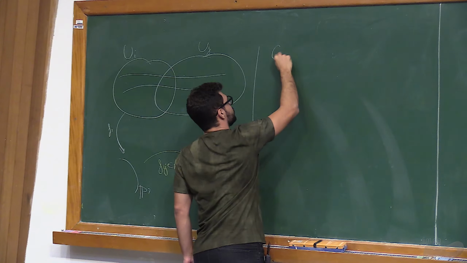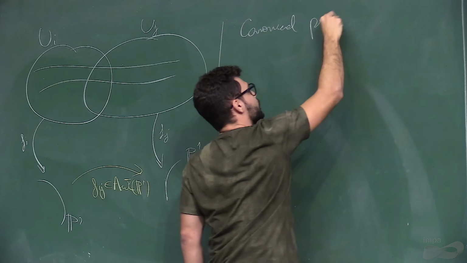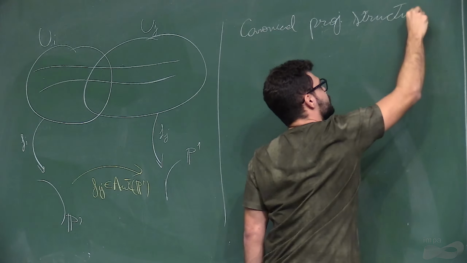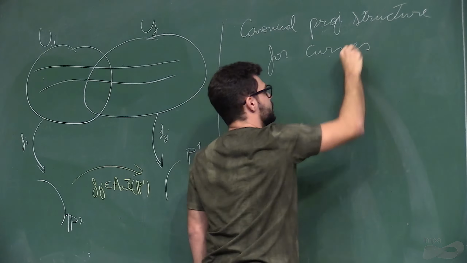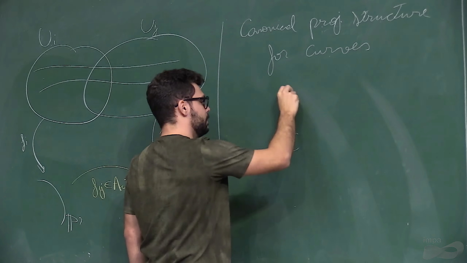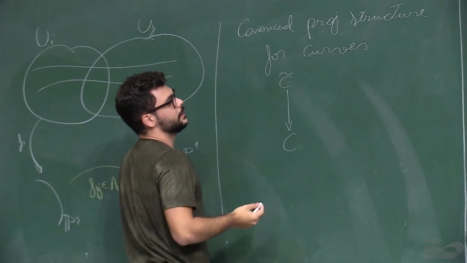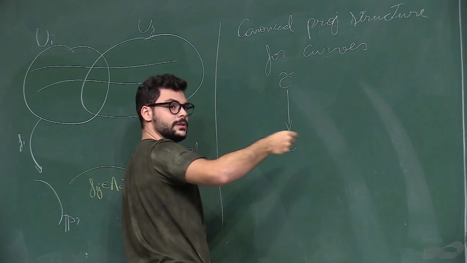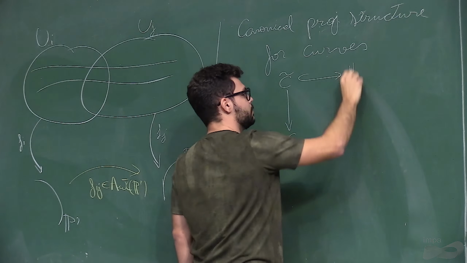So I'll call it the canonical projective structure for curves. This is basically by taking the universal covering of your curve, and since this is simply connected, by the Riemann uniformization theorem, this has an inclusion to P1.